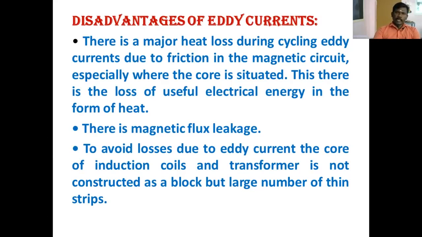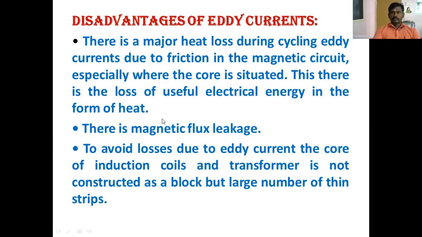So there is a major heat loss due to the circulating eddy current in the magnetic circuit, especially where the core is situated. There is a loss of useful electrical energy in the form of heat. So most of the energy will be lost in the form of heat, and only the remaining energy is converted into useful electrical energy. So the main drawback, the main negative side, is heat loss.